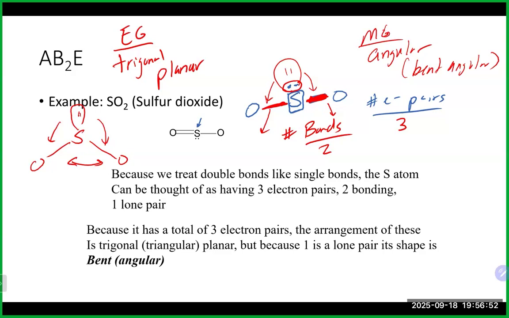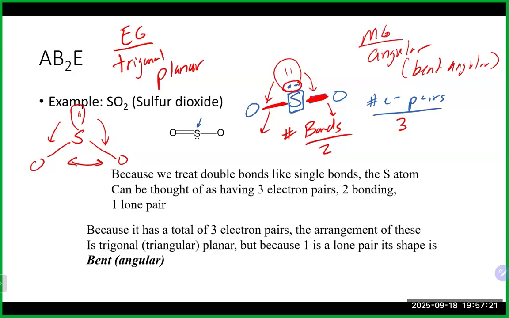But we have our angular sort of shape like that, almost like a V, but not a strong V. And again, what happens is these guys do not want to get too close to each other, and they're definitely trying to get away from those non-bonding electrons, which are up in this region. So again, it's causing the overall shape of this molecule to bend. That is because we have non-bonding electrons up here rather than a bond like we had with the trigonal planar geometry that we see up here.